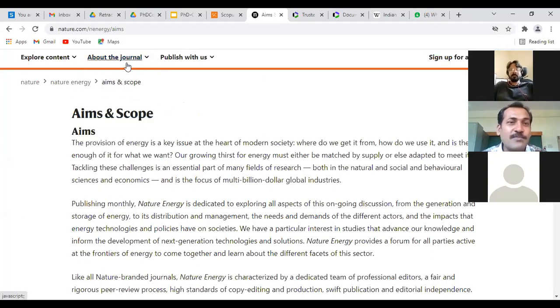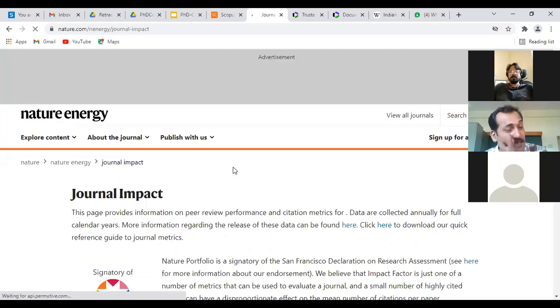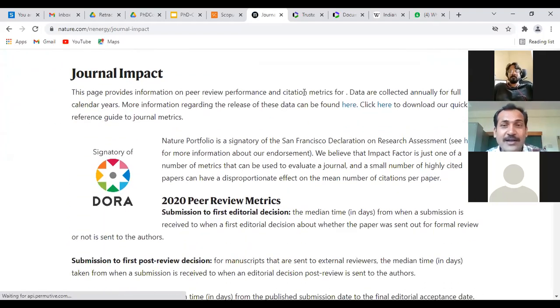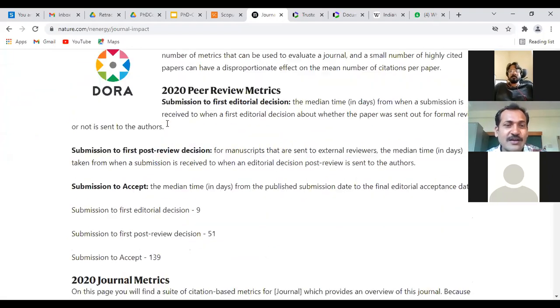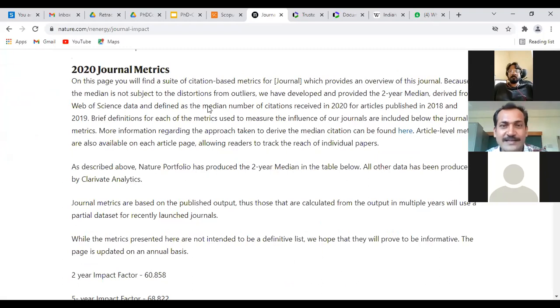We can also see what is the quality of this journal from its impact. So if you go into the about the journal and journal impact, we will see what is typically the journal impact or impact factor. And if you see here, we will get all the details related to the journal metrics, right?